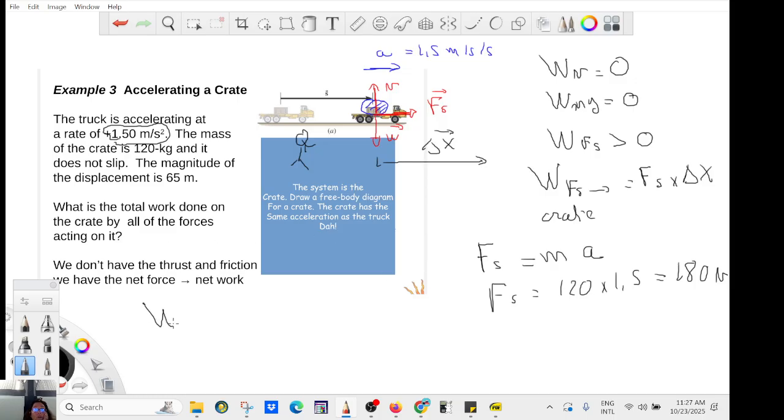So the work done by the force on the crate is just going to be the force times the displacement, which is 65, which is joules. Did you get that?